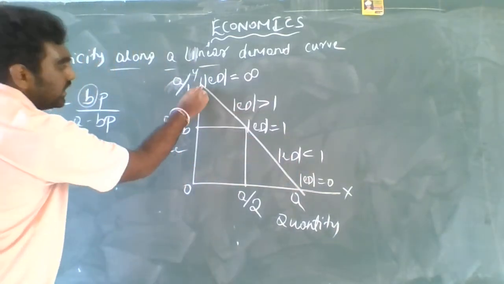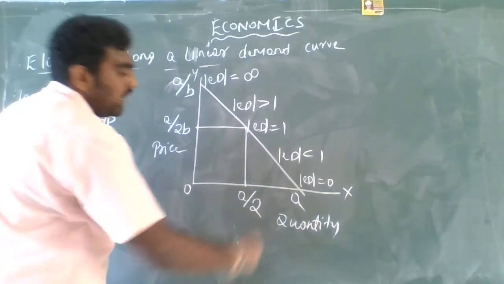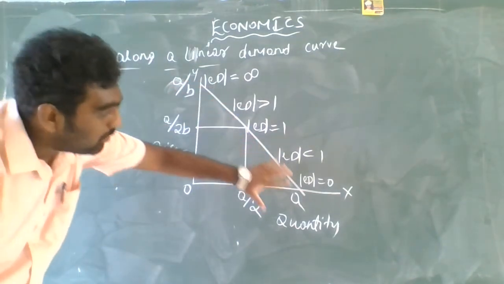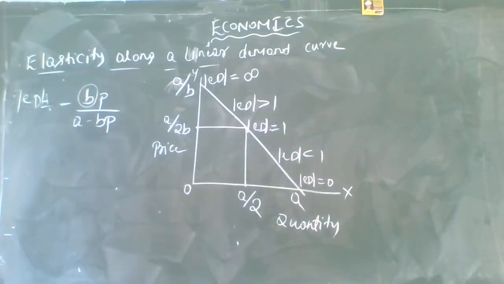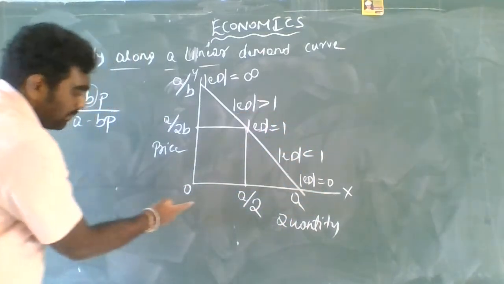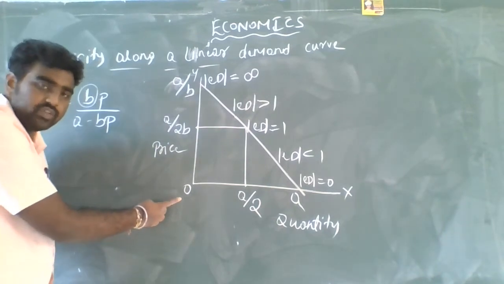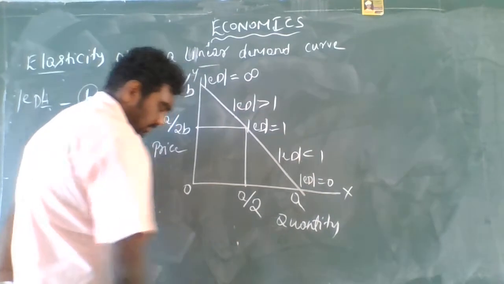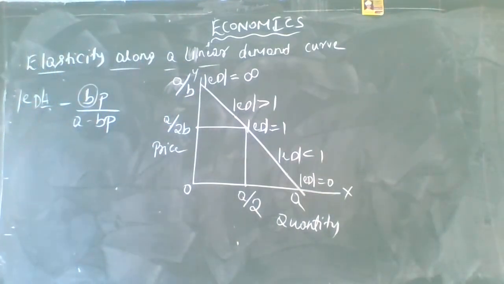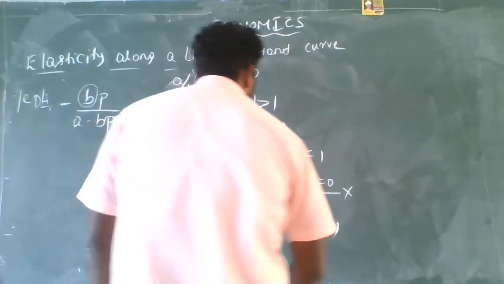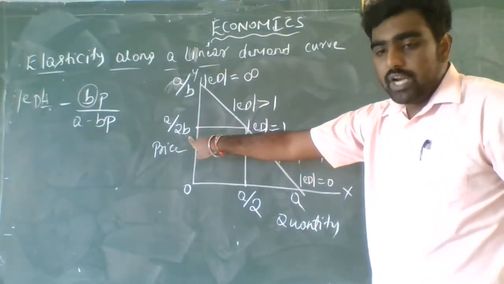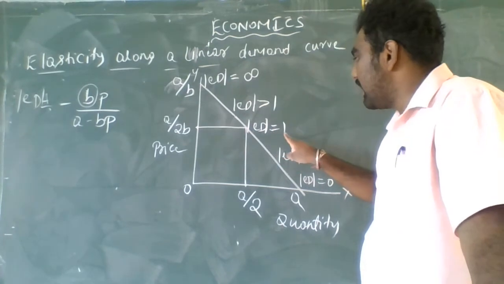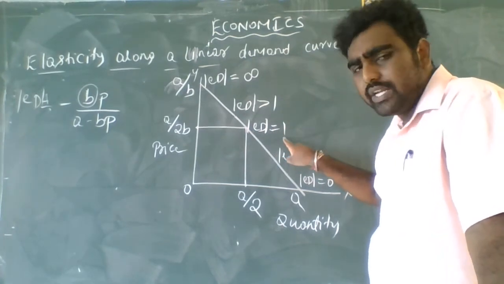The elasticity along a linear demand curve has certain conditions. They are different at different points. When the price is 0, elasticity of demand is 0. When the price is A divided by 2B, elasticity of demand is equal to 1, which is known as unitary elastic.